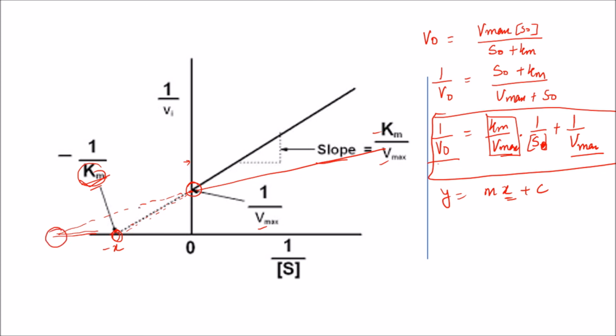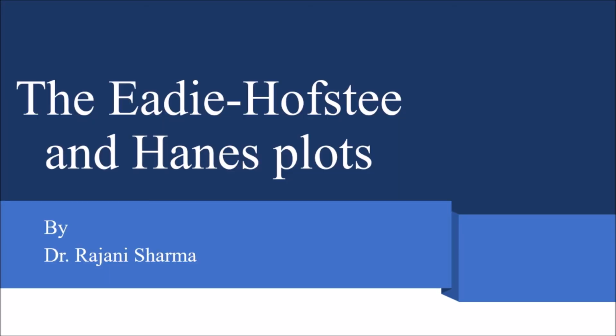So to avoid this, another scientist came up with another plot, the Eadie-Hofstee plot, which was plotted to overcome the graph plotted by the Lineweaver-Burk equation.